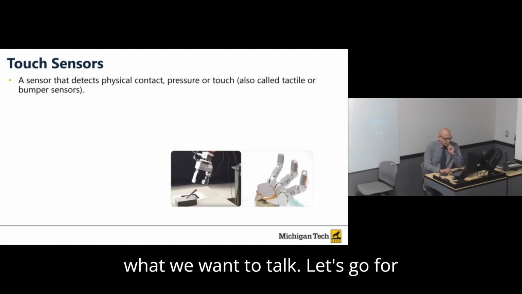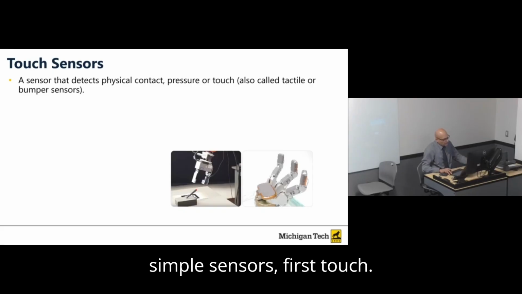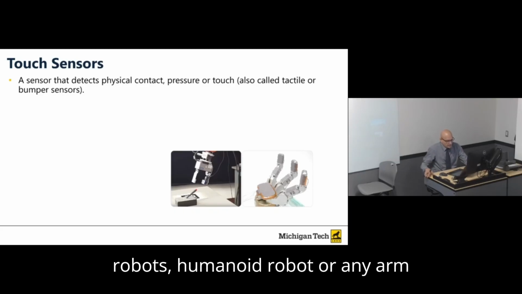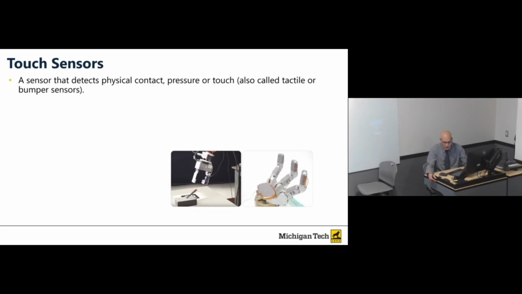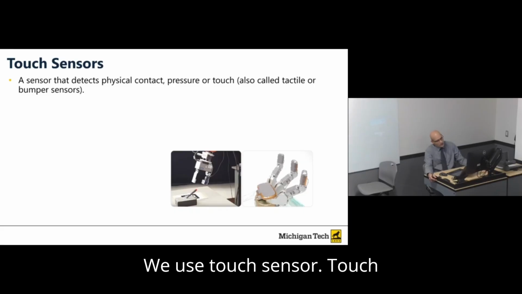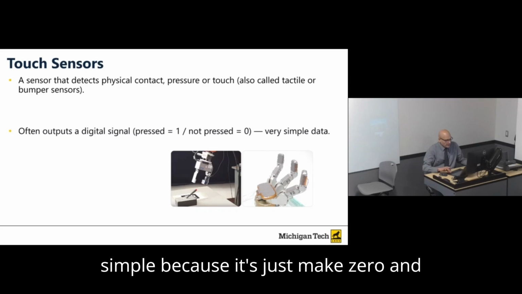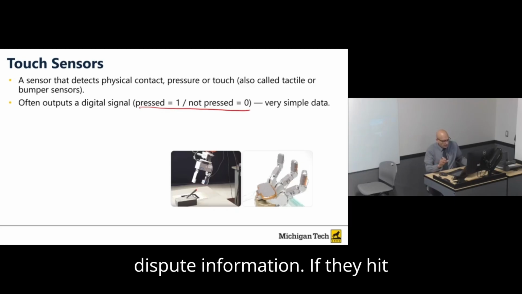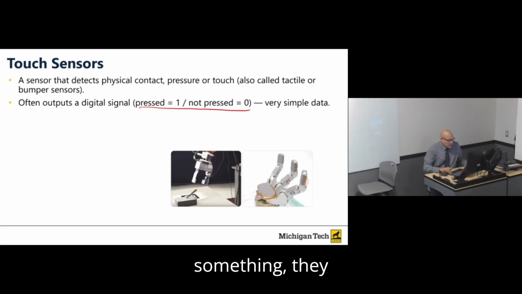Let's go for simple sensors. First, touch. Touch is a very simple sensor, mostly in robots, humanoid robot, or any arm that needs to touch object, carry object. We use touch sensor. Touch sensor is very simple because it just makes 0 and 1, just the bit information.